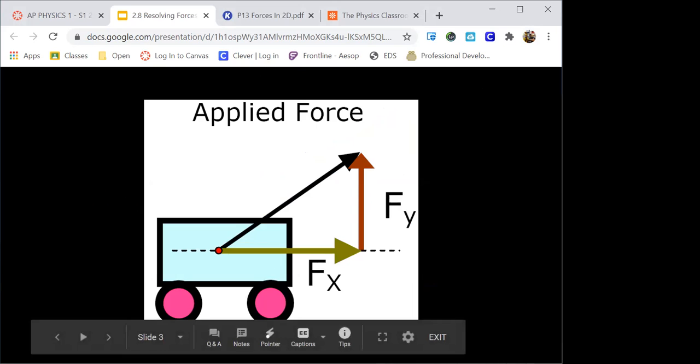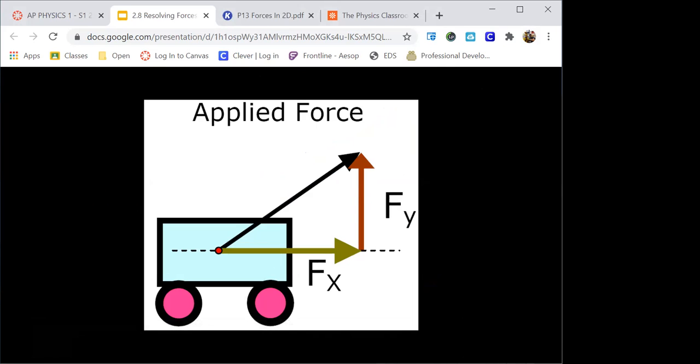As you pull on the wagon, you're going to have both a horizontal and a vertical component to that handle. Notice as you pull up on the handle, you're going to take some of the pressure off the wheels, and that's also going to reduce the normal force going forward, which then reduces the friction force opposing motion.